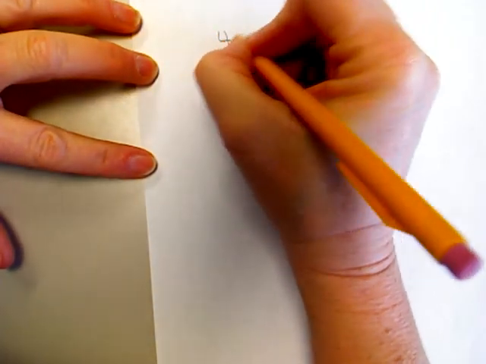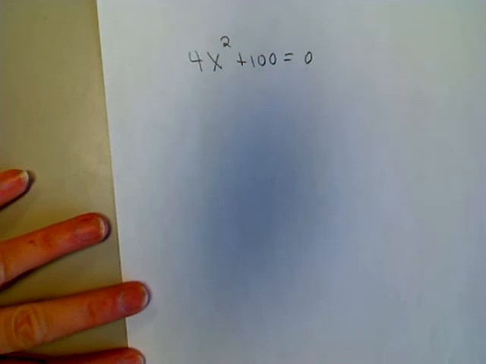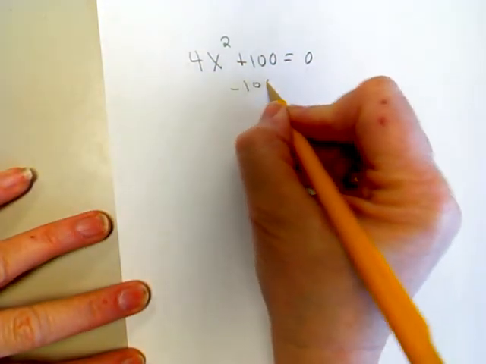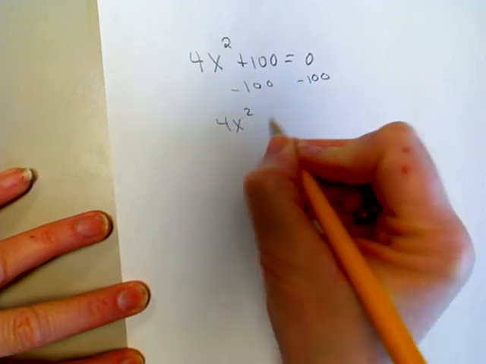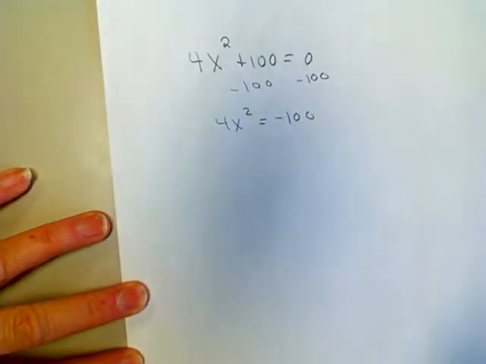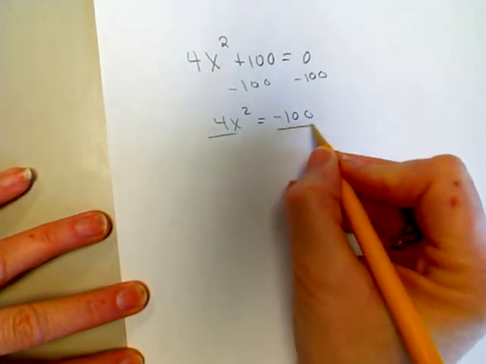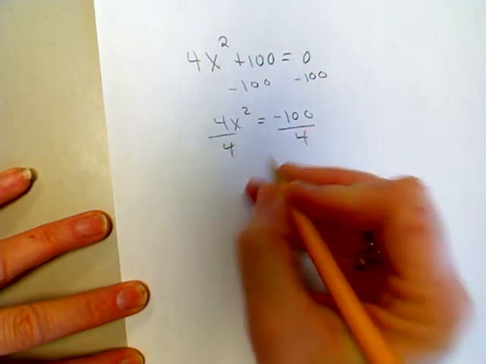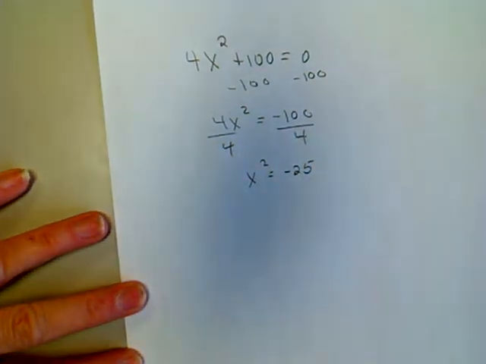If I give you this problem, 4x squared plus 100 equals 0. This is a quadratic. When I solve this equation, I subtract 100 from both sides, and I get 4x squared equals negative 100. Dividing both sides by 4, because we want to solve for x, I get x squared equals negative 25.